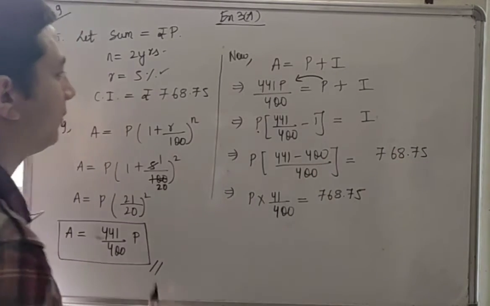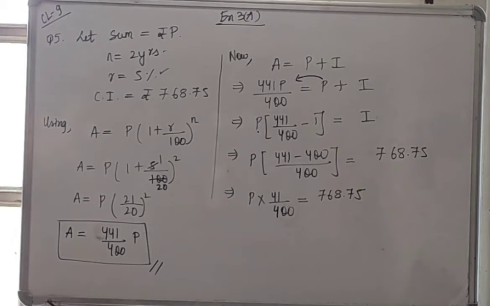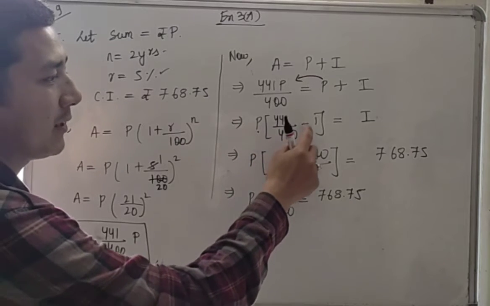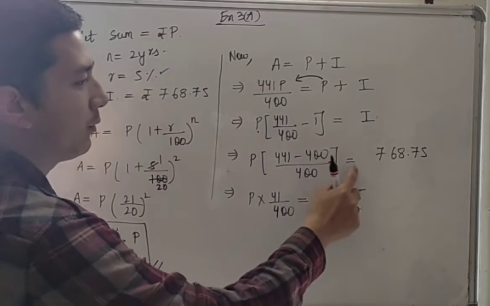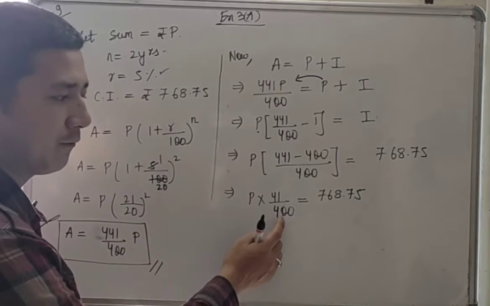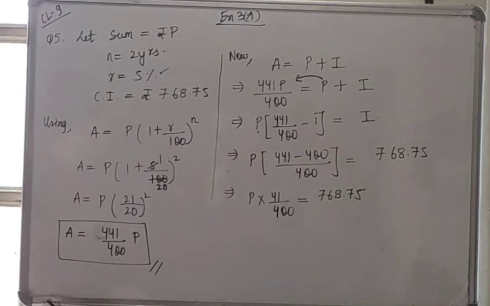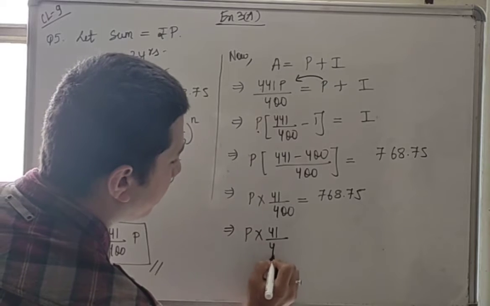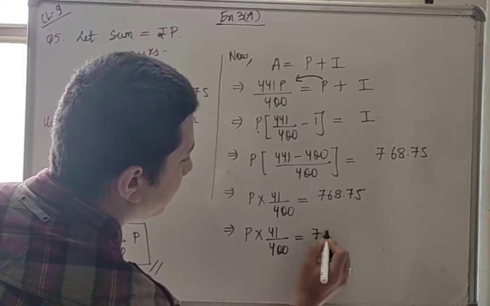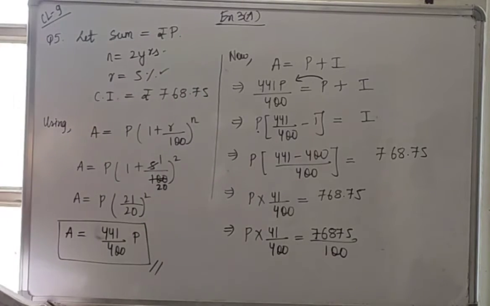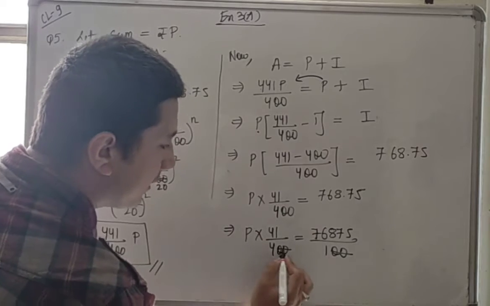So I equals 768.75, this I, which is the compound interest. Okay, do the calculation. LCM is 400. 441 minus 400 divided by 400 is equal to this interest. 441 minus 400 will be 41. So 41 by 400 into P is what we are getting. After this, P equals 76875 divided by 100, two decimal places. The 00 gets cancelled out.